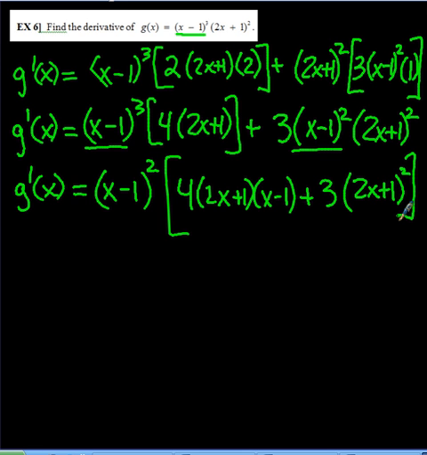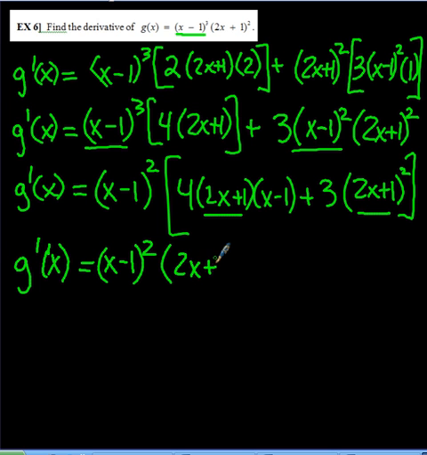I'm going to factor out one other term here with what's left on my inside component, and that piece that I'm going to factor out is going to be a (2x plus 1). So I'm going to have g prime of x equals (x minus 1) squared times (2x plus 1) times the quantity 4, and then (x minus 1) plus 3 times (2x plus 1).